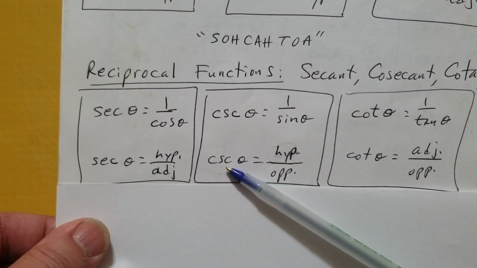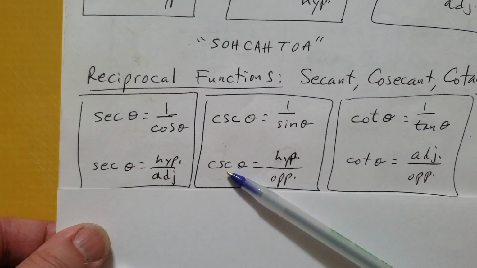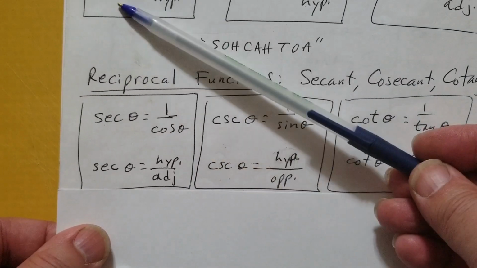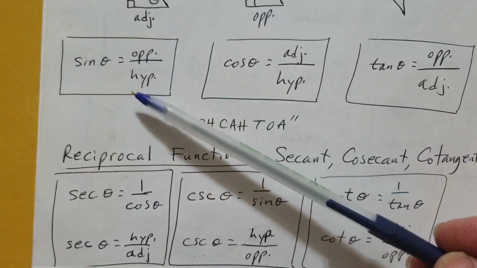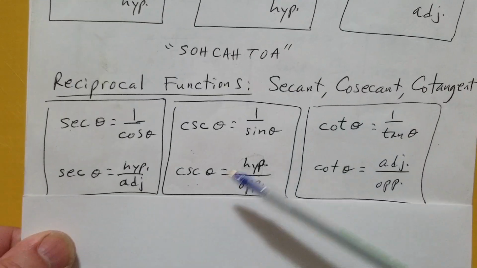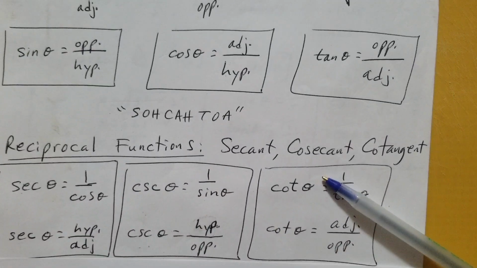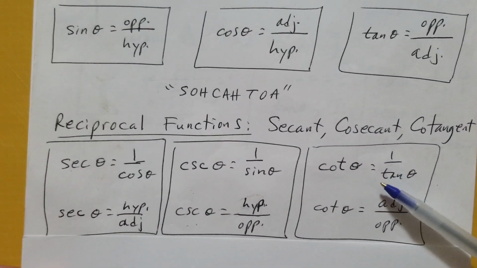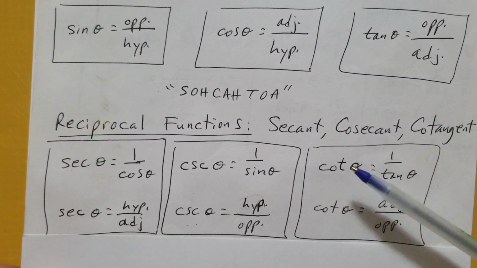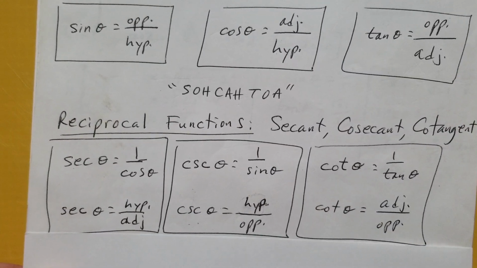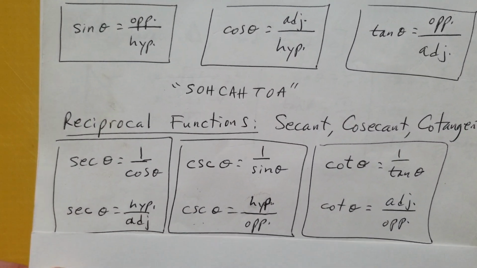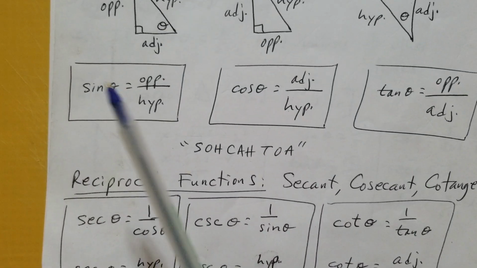Cosecant. Cosecant is the reciprocal of sine, right? Sine was opposite over hypotenuse. Cosecant is hypotenuse over opposite. And cotangent is the reciprocal of what? Can you guess? That's right, the reciprocal of tangent. Okay, so you could say there's 6, or you could say there's 3.